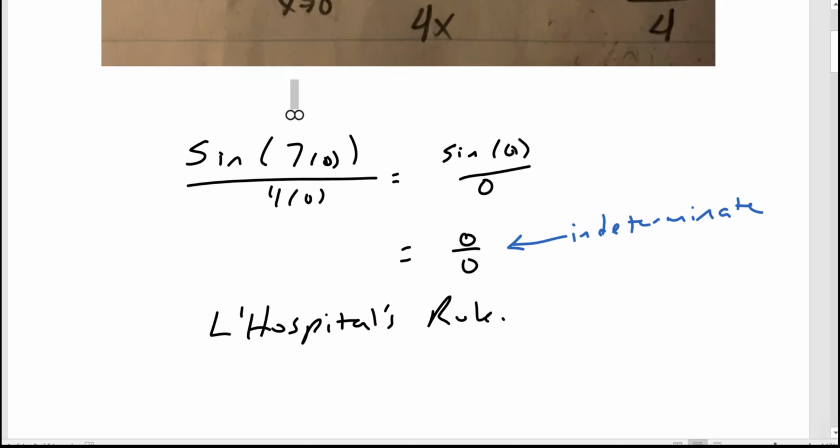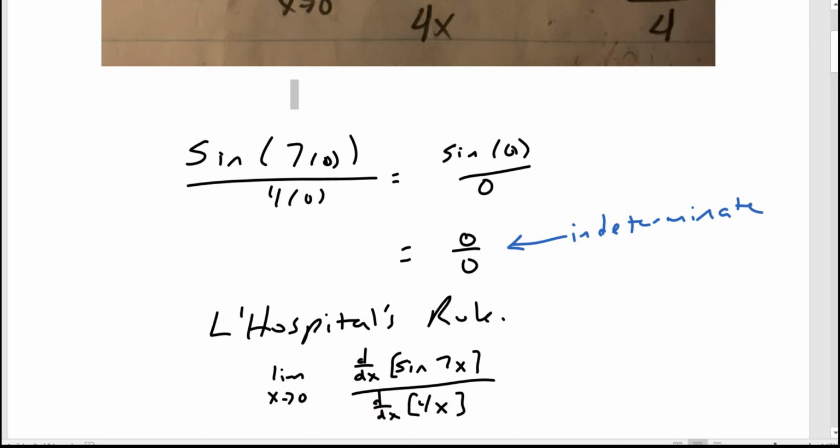Now, L'Hopital's rule says if you have an indeterminate form, then you can look at the limit of the derivative of the numerator divided by the derivative of the denominator. So you're not taking the derivative of the quotient or using the quotient rule, but you're looking at the derivative of just each piece.